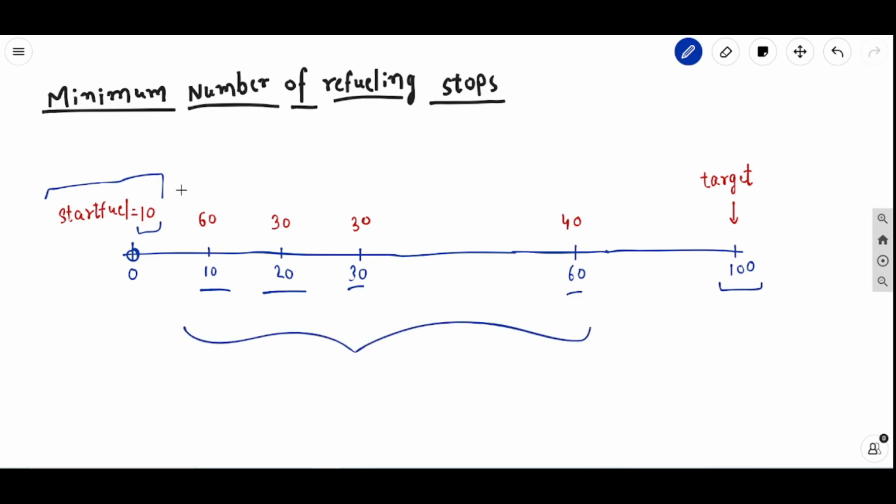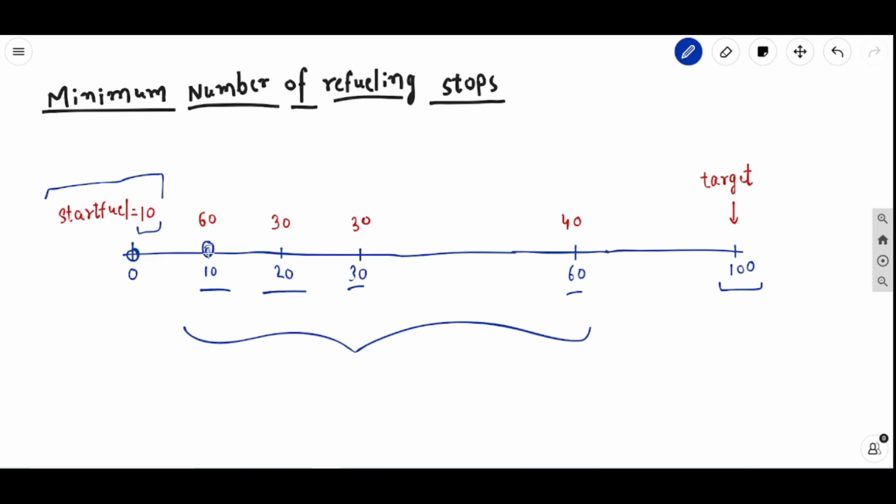Now initially the tank has 10 units of fuel. So from position number 0 we can travel to position number 10. Here at position number 10 the tank will be empty, and that means we have to refuel the tank at this position. So we refill the tank at position number 10. Now we have 60 units of fuel in our gas tank.